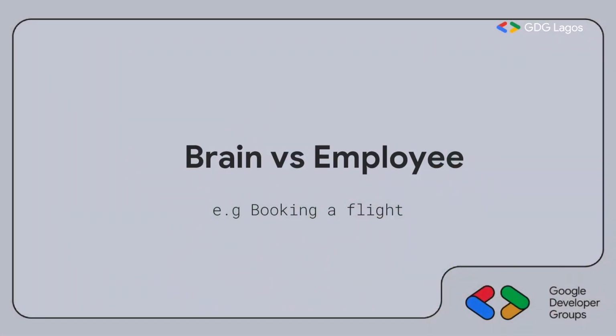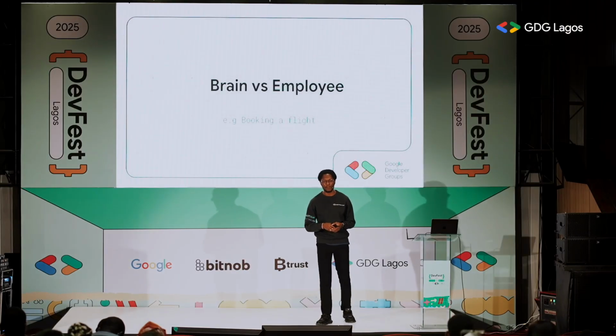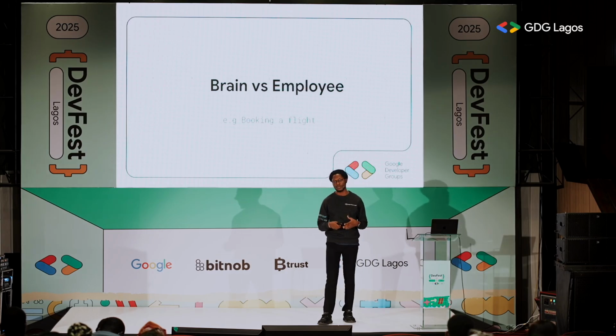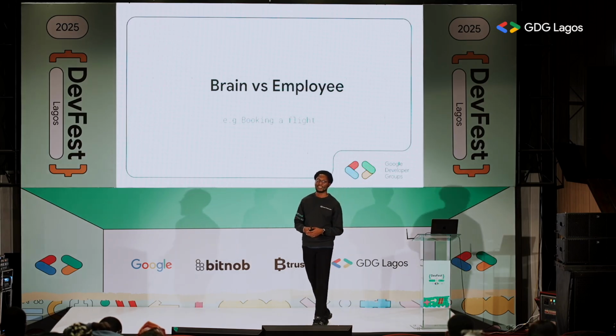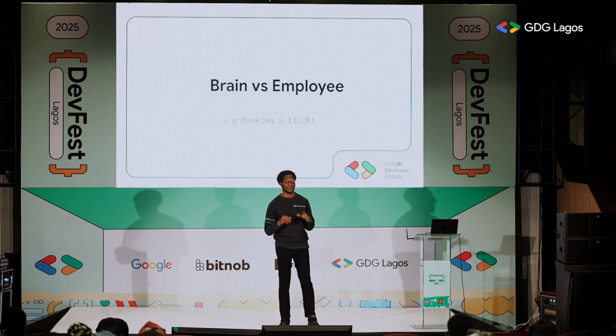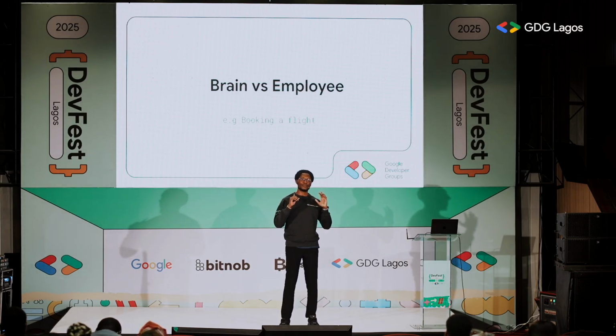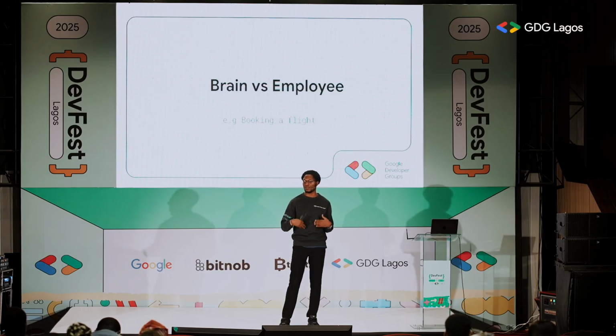As simple as that can be. And the analogy that I would use to explain this is brain versus employee. The brain, in this case, is our LLMs. The brain is what you ask questions. You've given it some knowledge, you've given it some pretext.